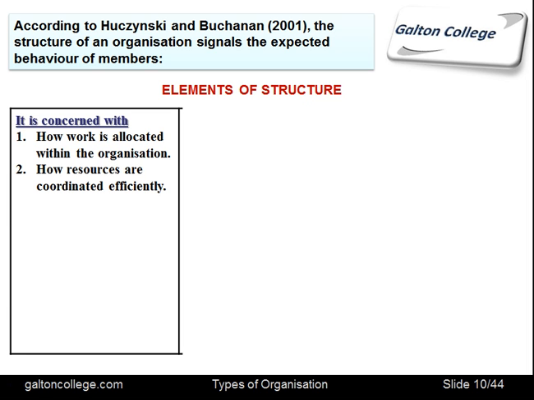Well, it's concerned with the allocation of resources within the organisation, how work is allocated and how resources are allocated within the organisation. And also how all of the resources, the workers, the capital and so on, are coordinated efficiently. Now these two are key points in the structure. These two indicate the essentials of structure.